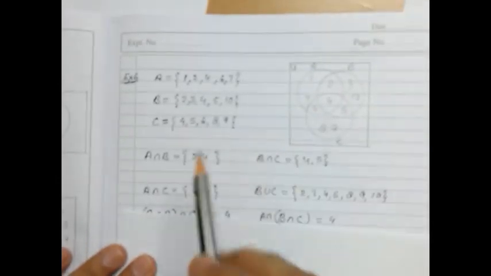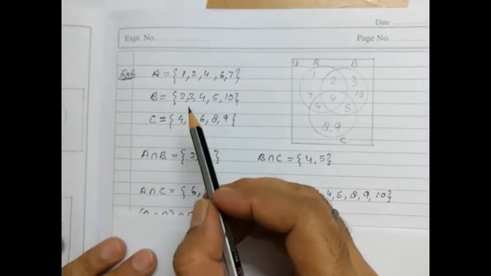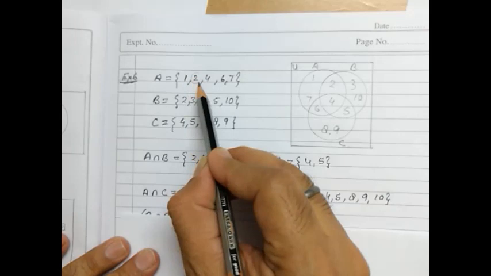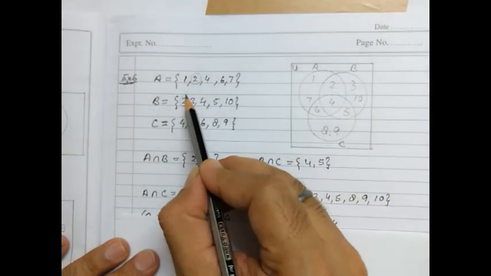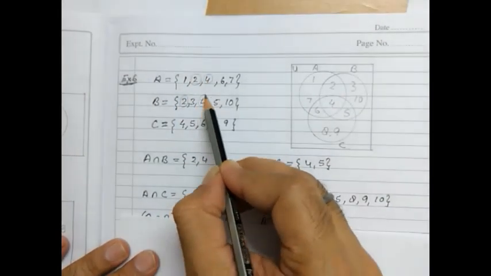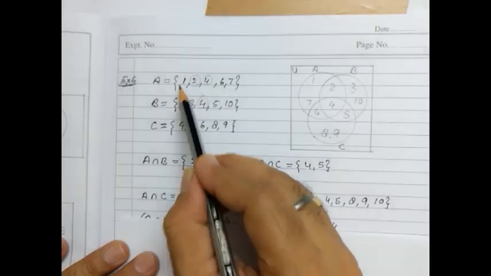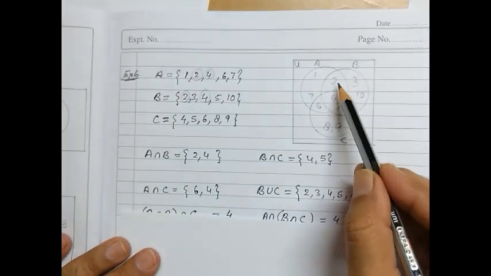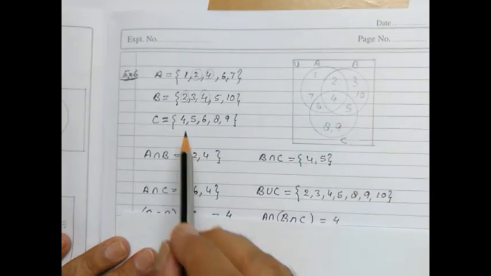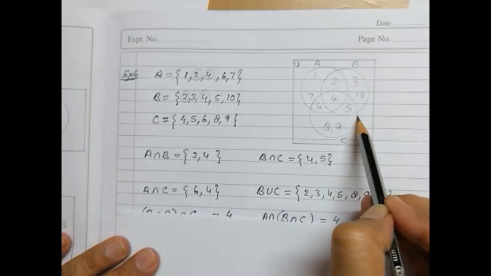You see carefully that the elements common to A and B are 2 and 4. These are the two elements common between A and B, and it is the same thing represented here. Common in B and C are 4 and 5.